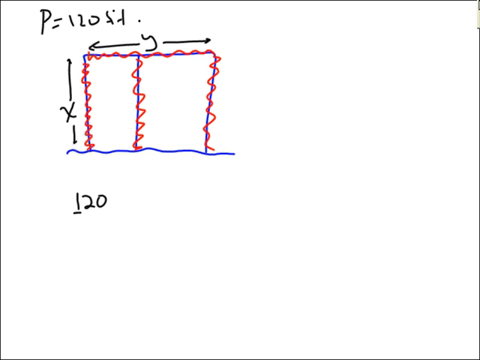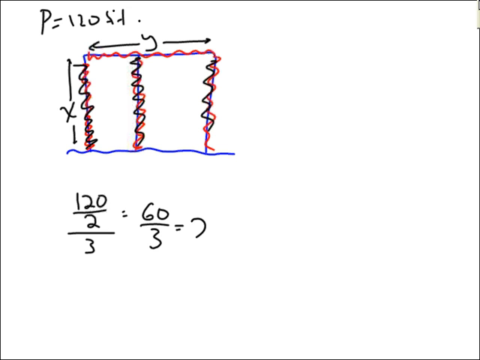Half the perimeter is reserved for up and down. It's reserved to build these three pieces. Well, if you have 60 feet and you need to make 3 equal lengths, you should let it be 20. That is, X should be 20.